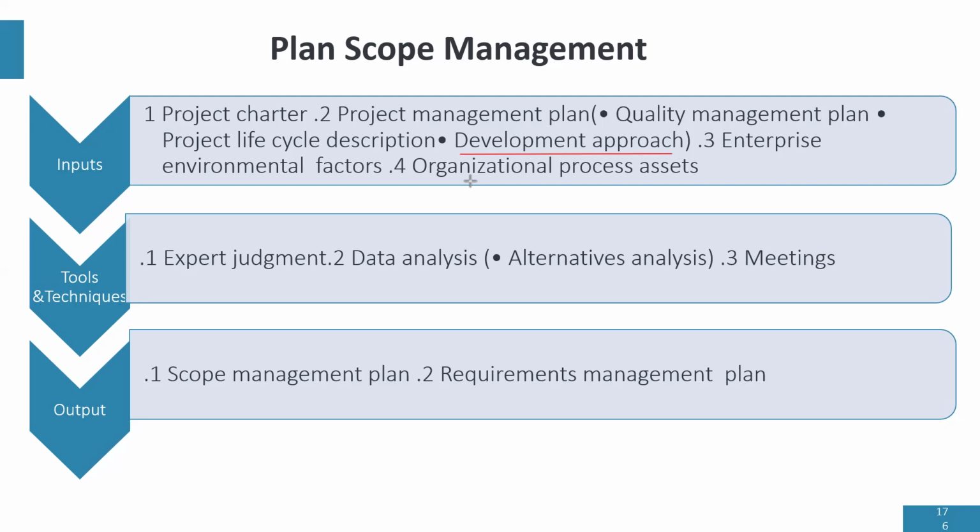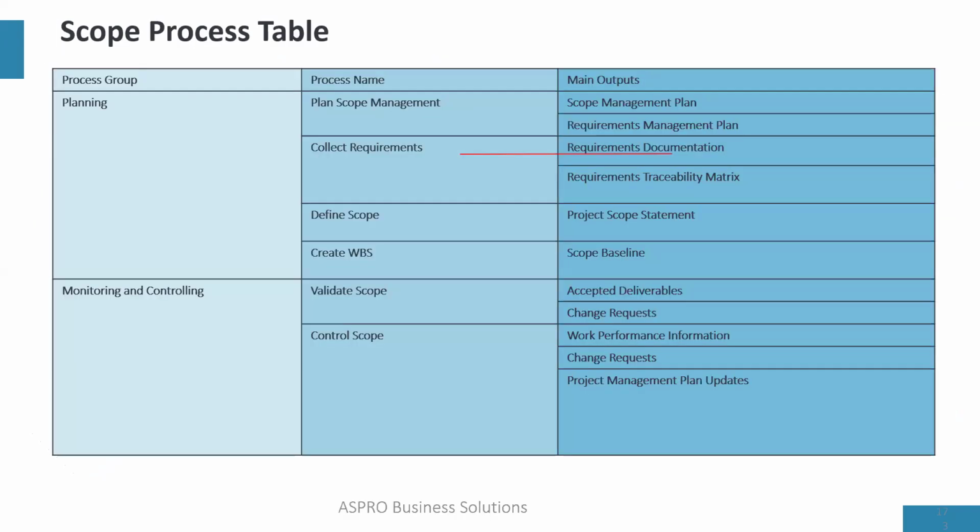Now, the reason I take it this way is so that you can easily distinguish what is waterfall and what is agile. If you look at the scope processes, you'll notice that we're going to end up with a process called Create WBS. That means this is the waterfall approach. That means if you're managing a project using waterfall, these are the processes you carry out.